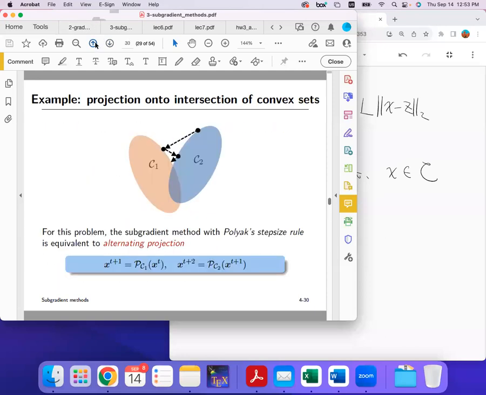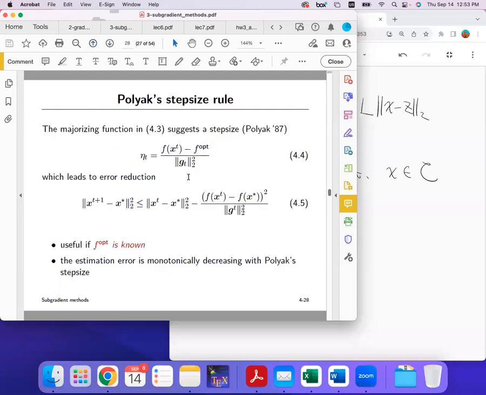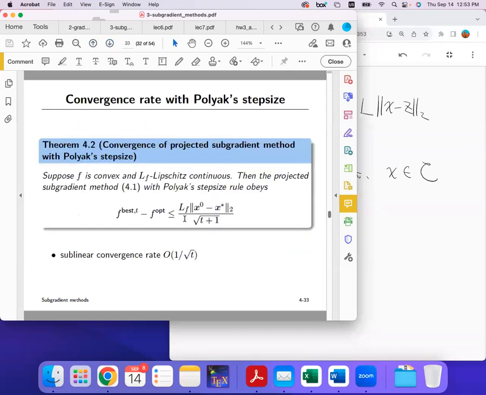With this step size, we can prove a sublinear convergence rate: the best function value over the first t iterations minus the minimum value is roughly a constant times 1 over the square root of t.